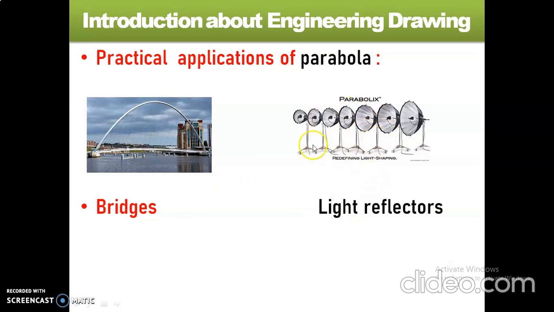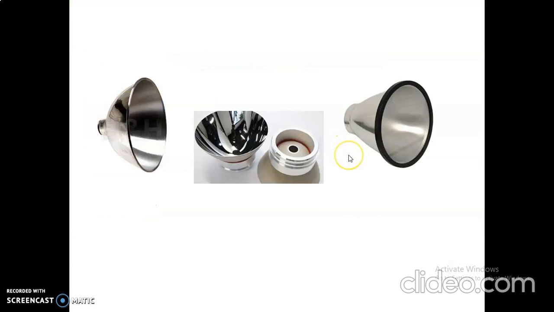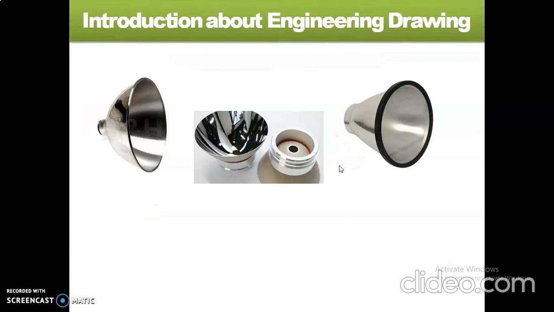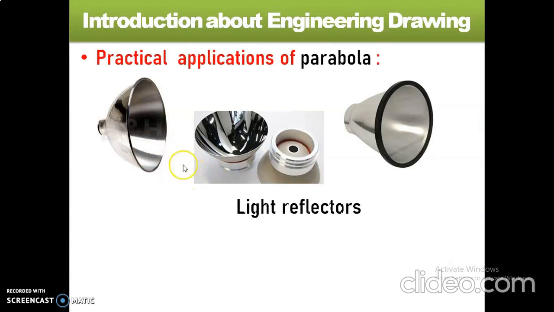So these are the lights, in the parabola shape. Next, light reflectors. Already we have seen bike domes. So these are the light reflectors, which are in the parabola shape.